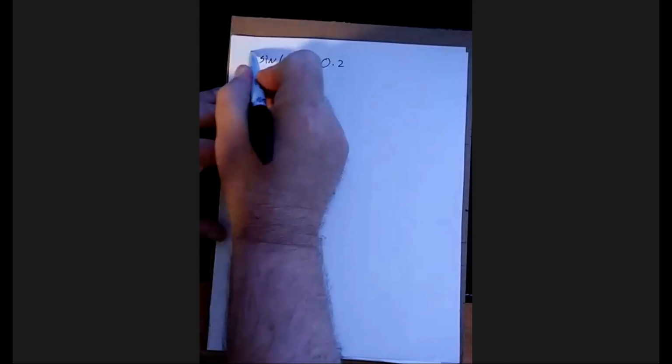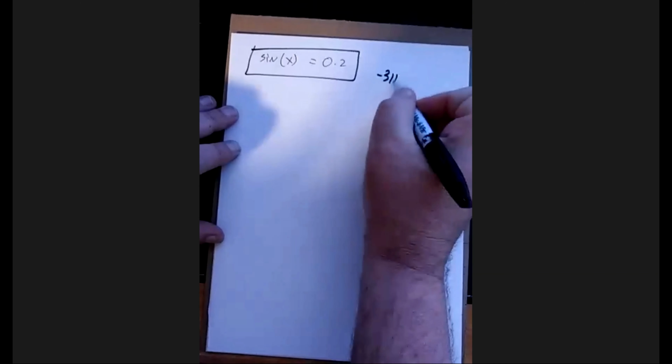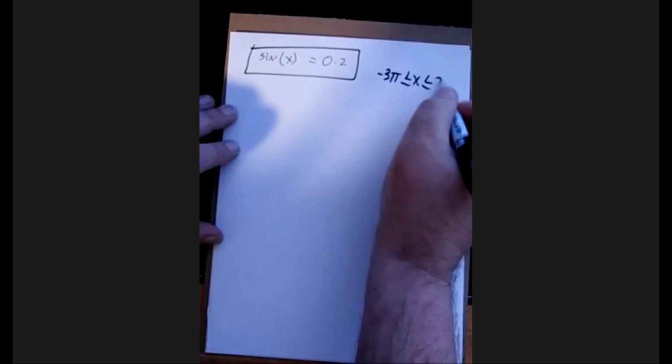Right. This is the question that we're being asked to solve. Solve sine of x equals 0.2, and x is going to be between 3 pi and negative 3 pi, right? Do you recollect a question that looked something like that?